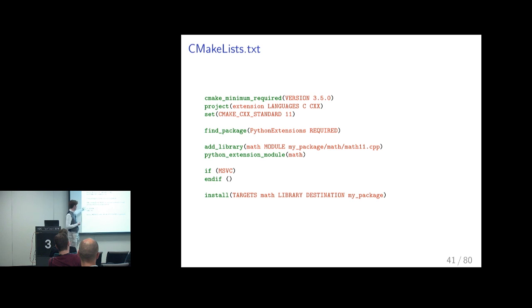Make sure to call this Python extension module function, which is provided by the Python extensions CMake module from scikit build. And then, of course, I've just demonstrated here. There you can check for compilers. You can do anything, because this is just a regular CMake invocation. Finally, install your target into your Python directory, your package directory.